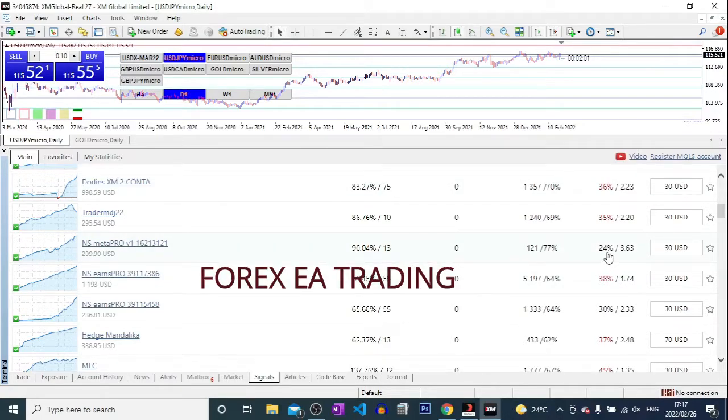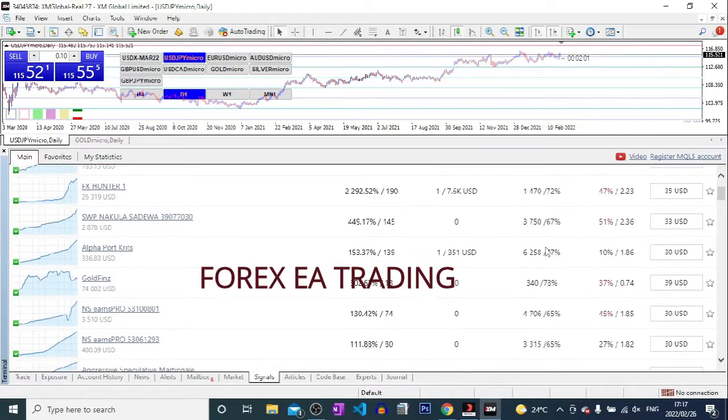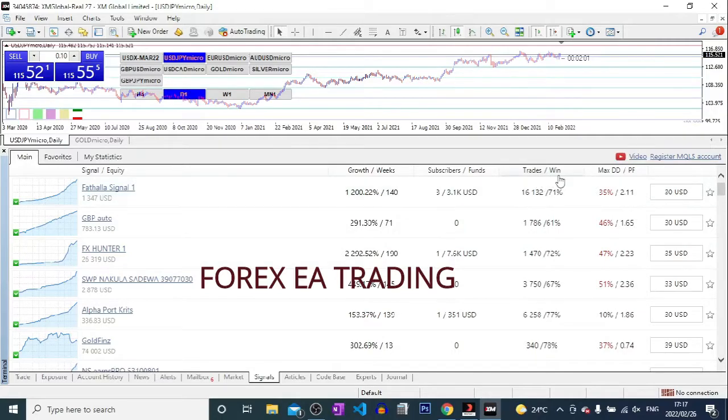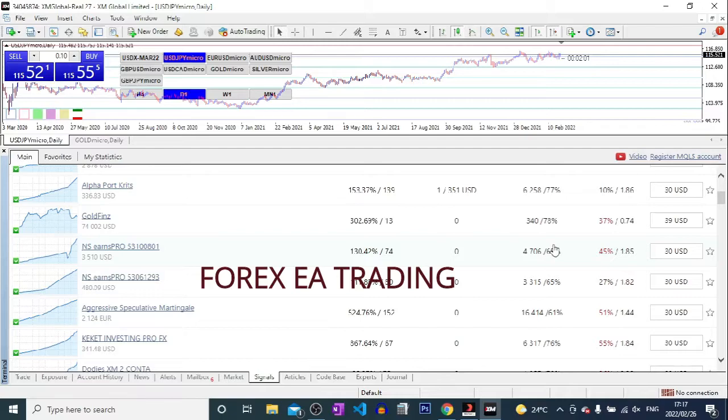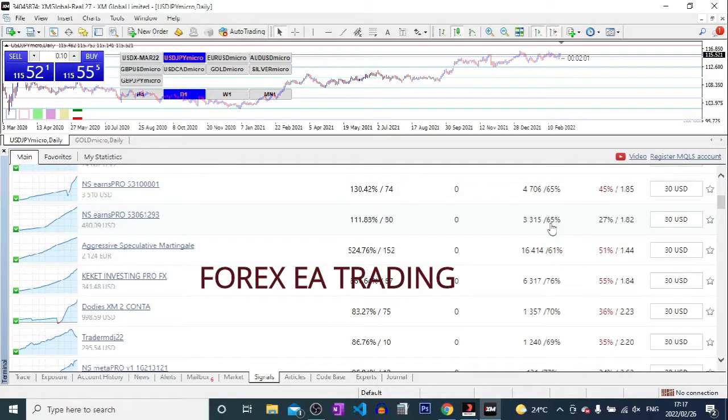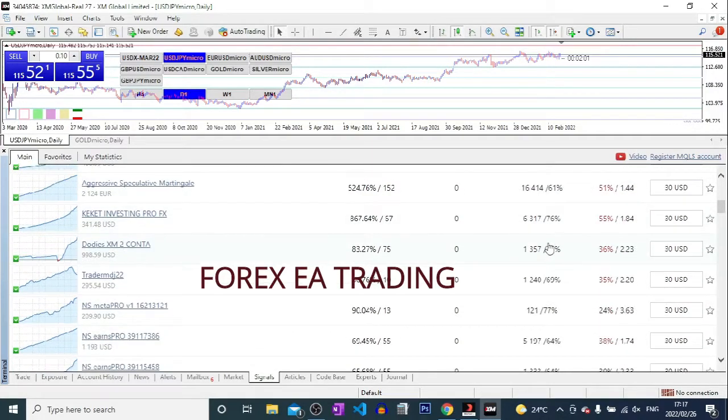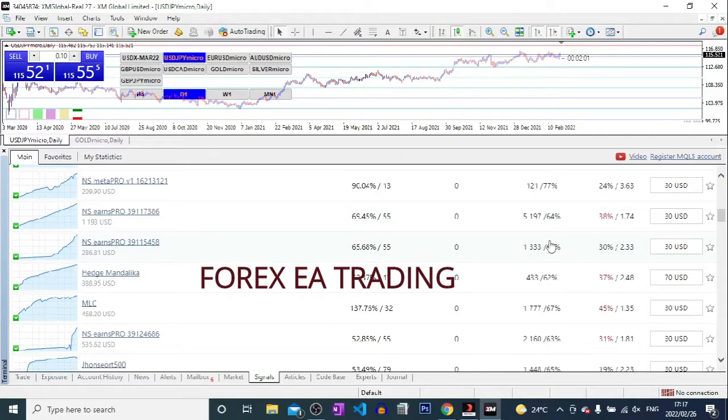For example, here you can see that they've never had negative drawdown up until now, and you can see in terms of trades and win percentage, they are winning 65% of their trades, and they've taken 3,000 trades, and they've won 65% of them. You are not going to look for people who are winning 100% of the time.